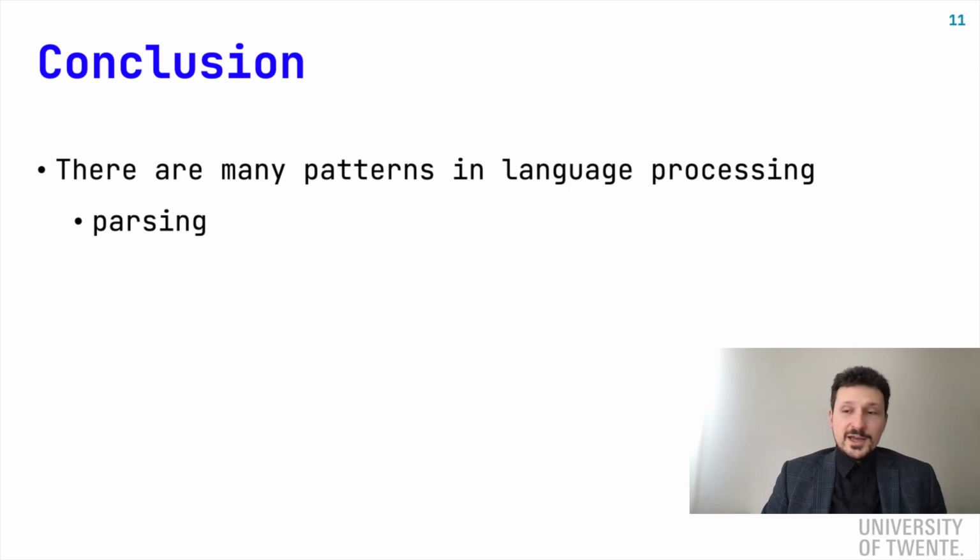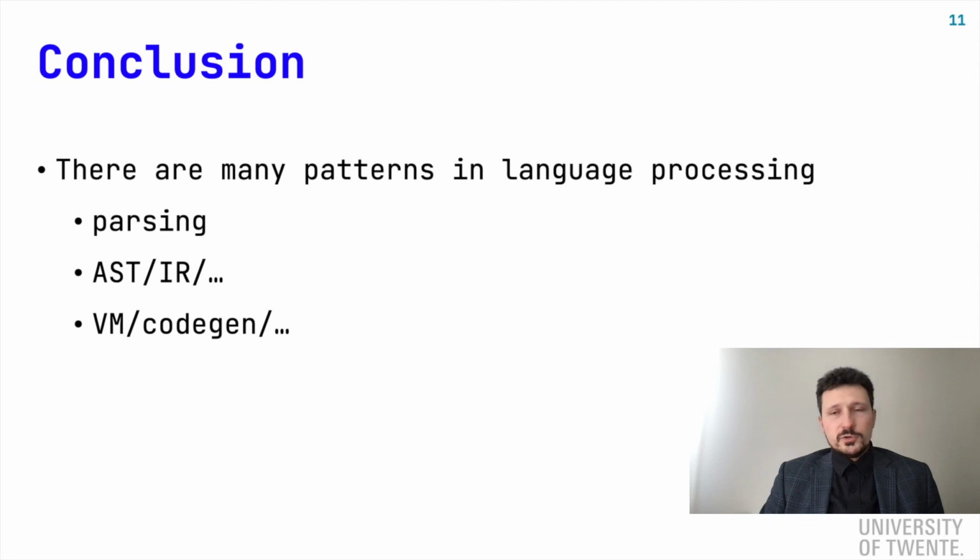So parsing in the broad sense is sort of a mega pattern, which tells you how many of the existing patterns fall into place there. Then we've seen a couple of patterns on the structure of the abstract syntax tree, or some form of intermediate representation, and a bit talked about symbol table as well. And then we talked a bit about the virtual machines, or the code generation, or the interpretation part.